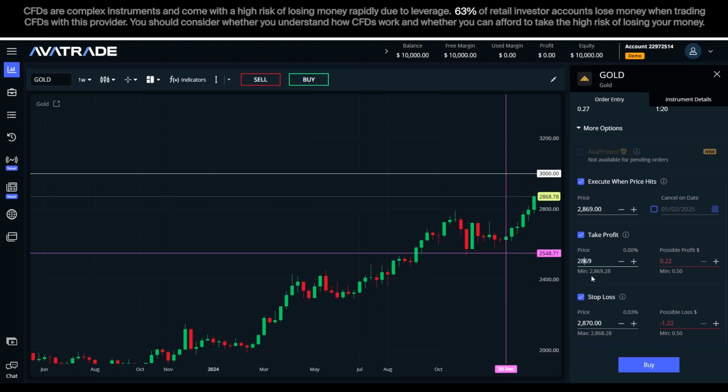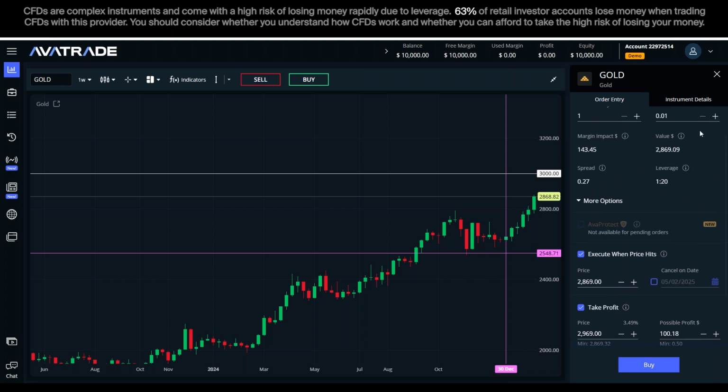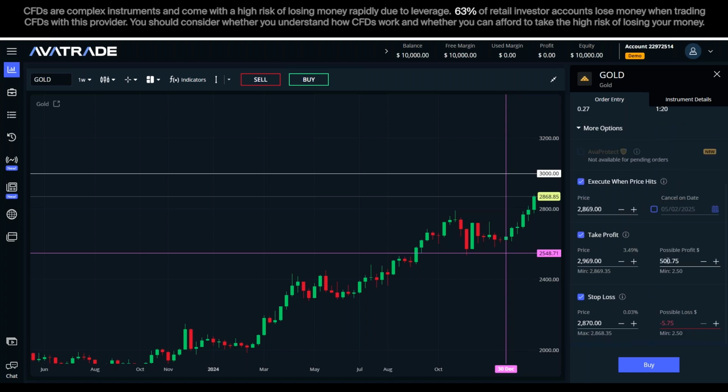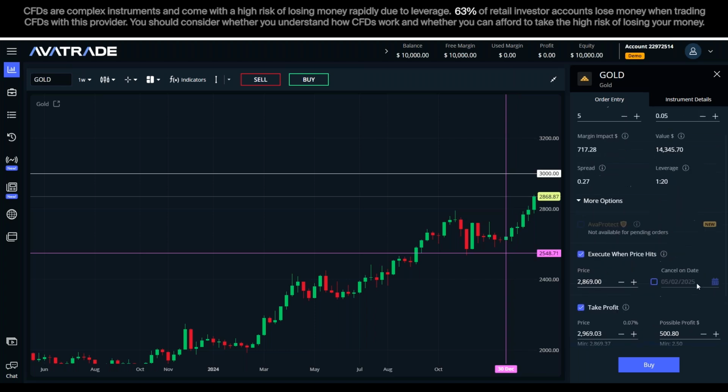Now, if I increase by 100 like this, and I also increase the number of units that I acquire, for instance, instead of 1, let's make it maybe 5. Okay, let's look at it together.